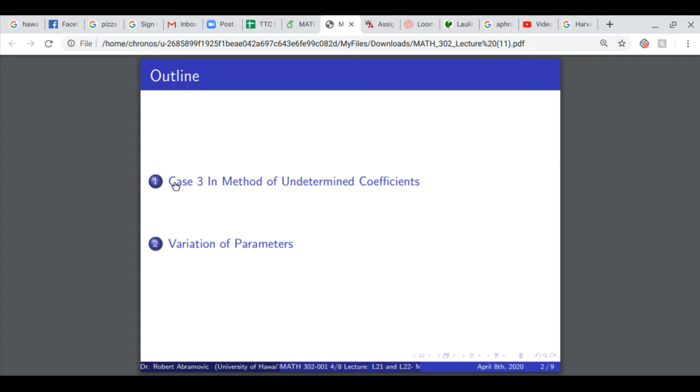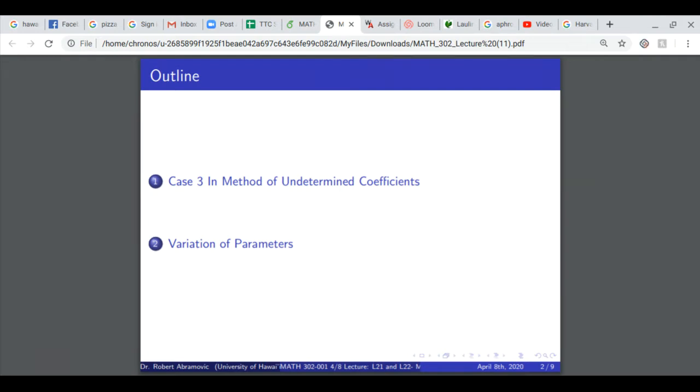Case 3, if you recall, occurred when the function on the right-hand side shared a factor with one of the terms appearing in the solution to the associated homogeneous equation that corresponded to a repeated root of the characteristic polynomial.